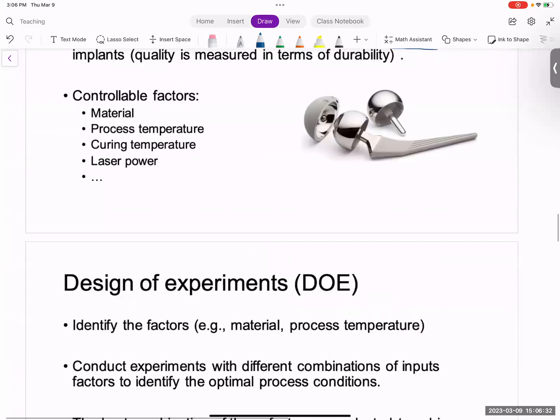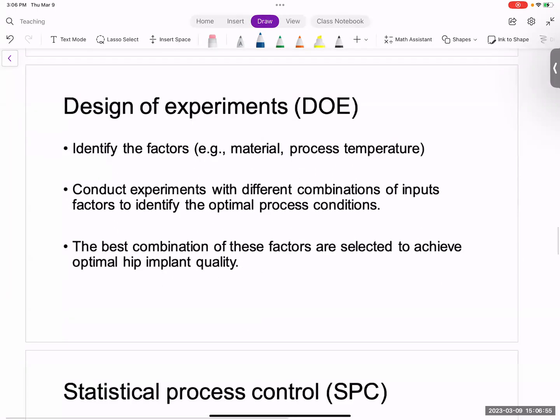Think about the hip implant. You don't want to make the implant out of copper, because it's going to be very soft and would break very easily. So you want a metal that is very strong and does not react with the internal organs, the blood and the internal muscles. Design of experiments says that you have a bunch of controllable factors, and think about a knob.